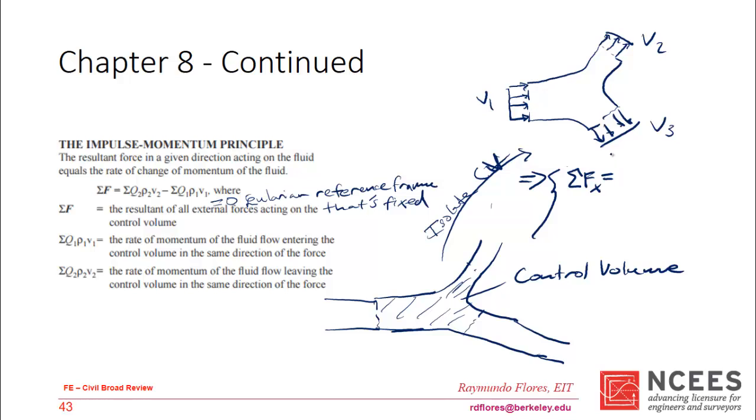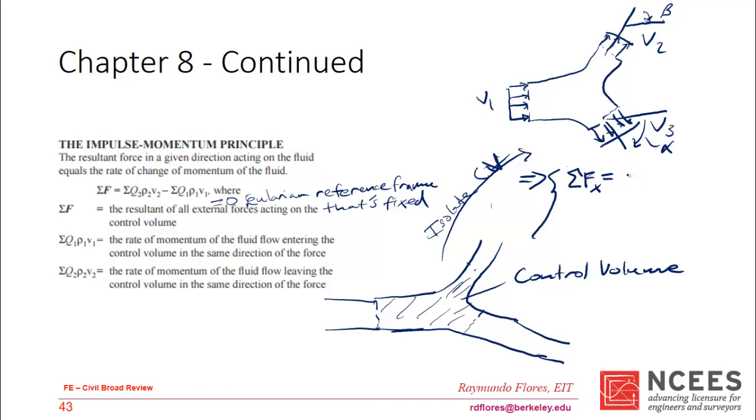Technically the force on the left is a minus, because the area vector is pointing to the left, so the velocity is going against it. Here it's going with it because the area is pointing with the velocity here and here.